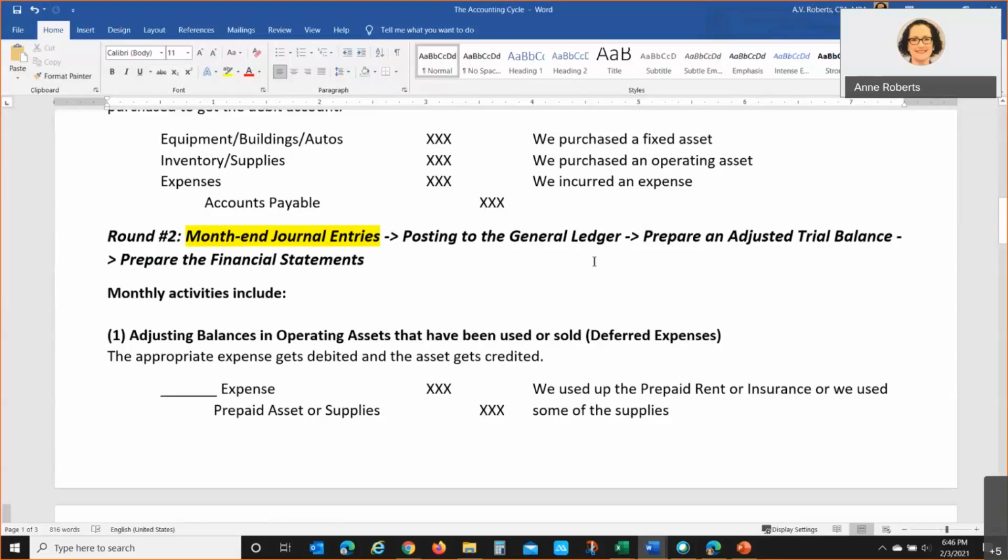Then we're going to prepare an adjusted trial balance. When we get to that point, we know that we've got valid amounts and are ready to prepare the financial statements: income statement, statement of retained earnings, balance sheet, cash flow. That's at the end of each month.